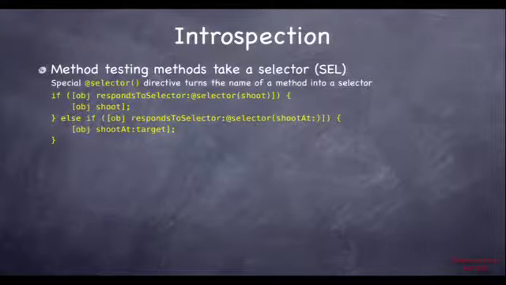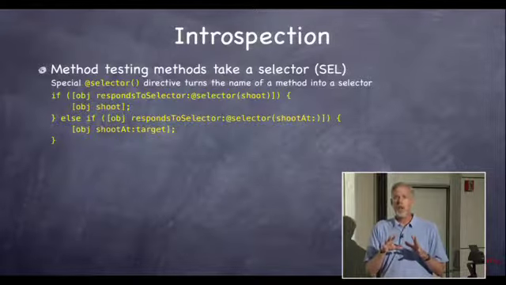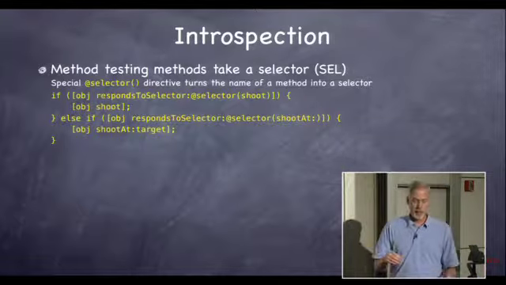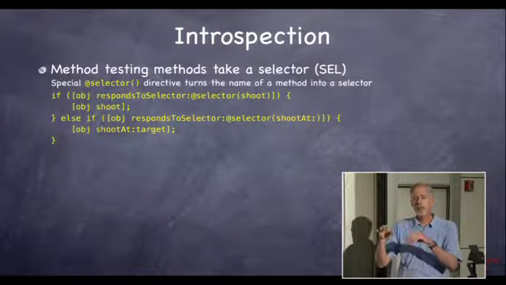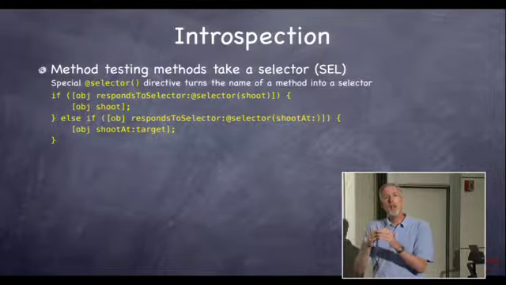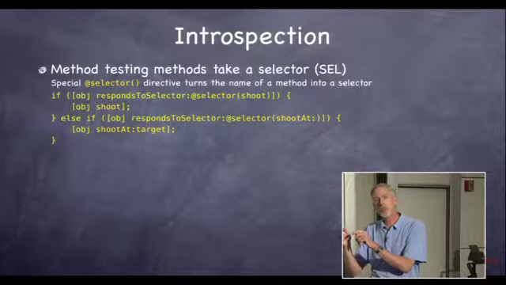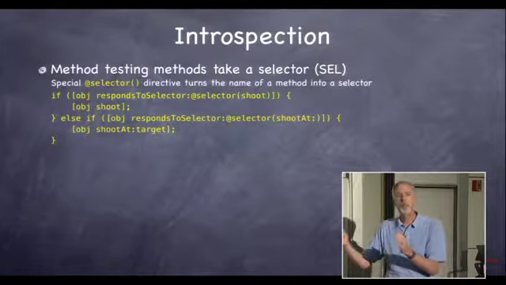The selector thing is a little bit different. A selector is the word we use to describe a method in Objective-C. And so we use this magic @selector syntax. The way @selector works is you just say @selector, parentheses, the name of the method. And when you put the name of the method, obviously you don't put any of the types of the arguments or the argument names in there. You just put all the keywords and the colons.